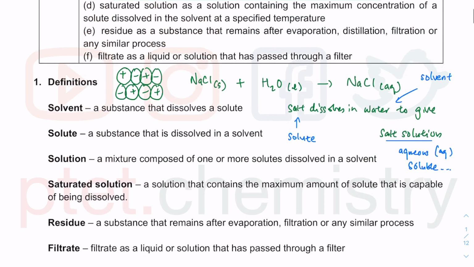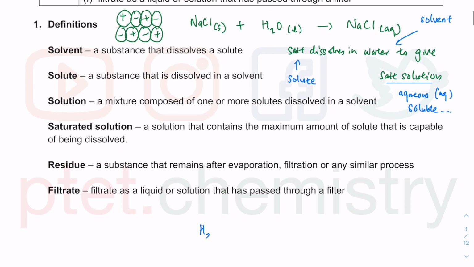I'll give you another example. So H2SO4 is a molecule. It's a simple covalent molecule. Okay, so what actually happens is it's a liquid at room temperature and pressure because simple covalent molecules have low boiling points and melting points.